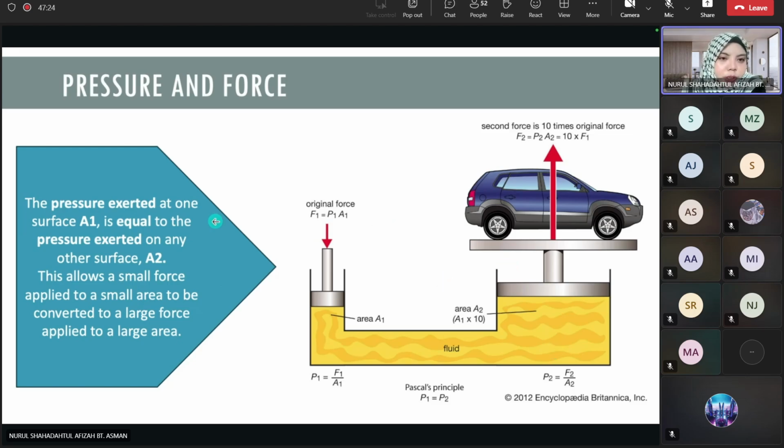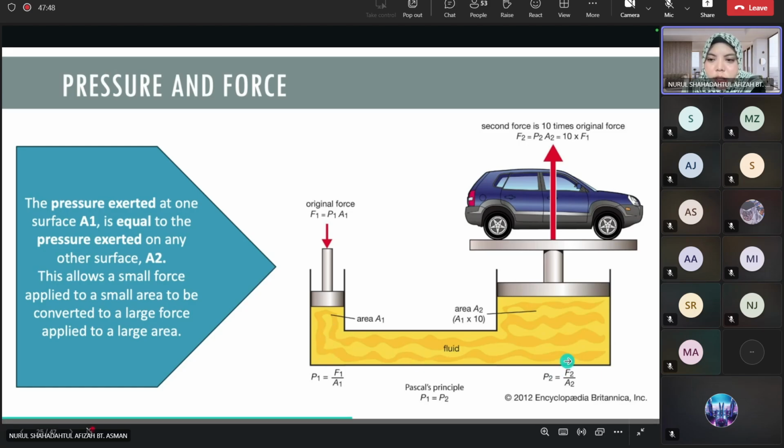So pressure exerted at one surface, mana di sini A1, is equal to pressure exerted on any other surface A2. So this allows a small force applied to a small area to be converted to a large force applied to a large area. So pressure dia sama di sini. Yang berbeza adalah force.